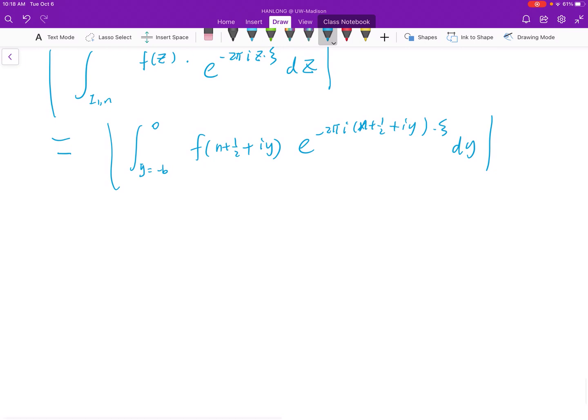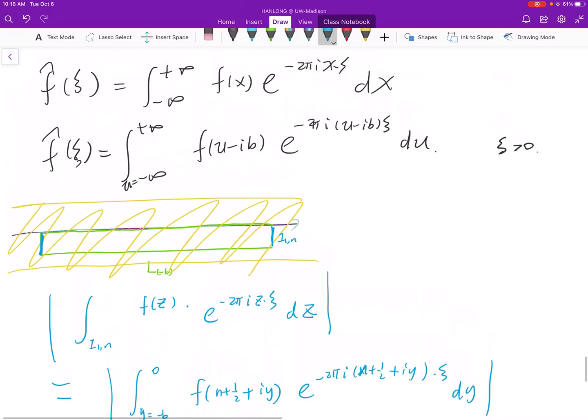Okay, and this will be less than or equal to a constant times the integration of 1 over 1 plus x squared, because of quadratic decay along the horizontal direction. Recall here c is a real number, and it's positive.